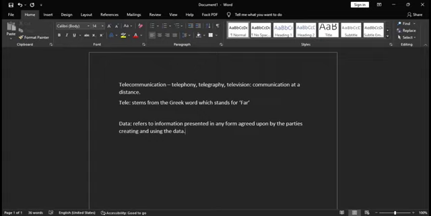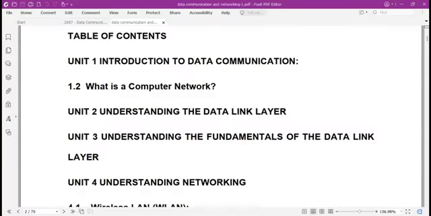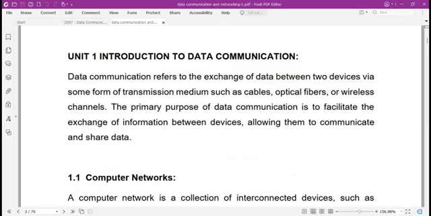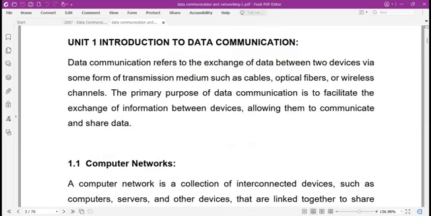Now, we're going to define data communications. Let's go back to your material and scroll down. Here, introduction to data communication. Data communication refers to the exchange of data between two devices via some form of transmission medium.